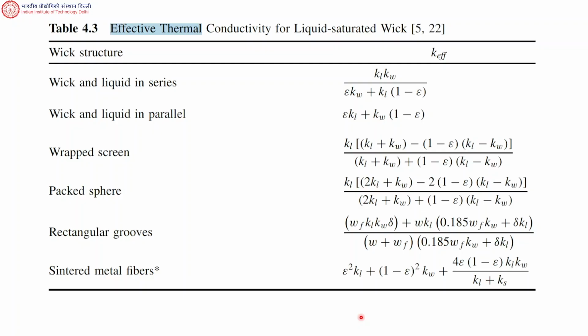Okay. So these are expressions that you will be able to find in this book. This is wrapped screen that we are talking about. So we took this expression. There are others also, for example, packed sphere, rectangular grooves. This is sintered metal fibers, so something like this.